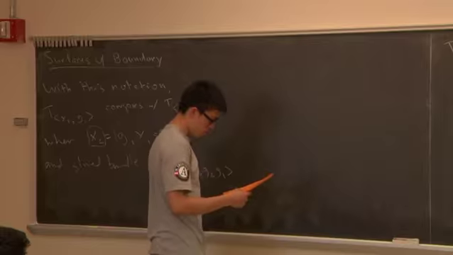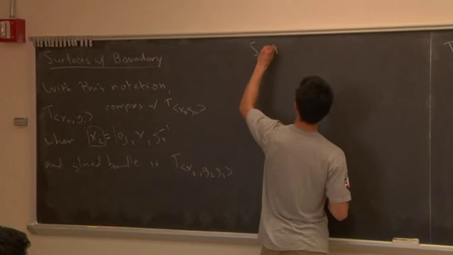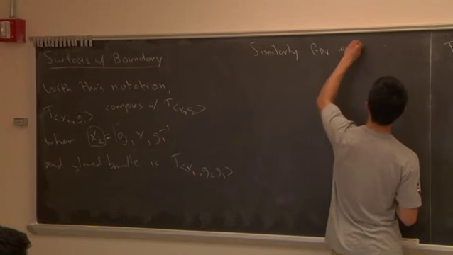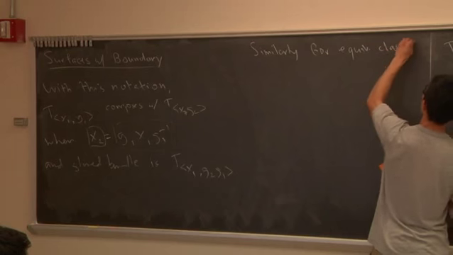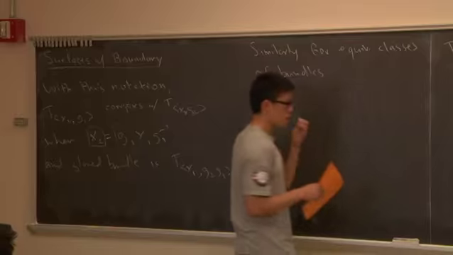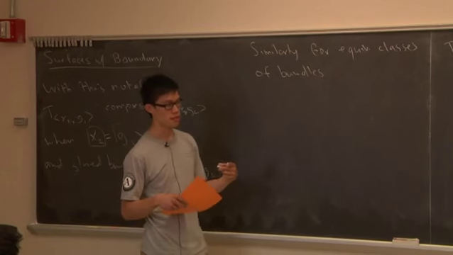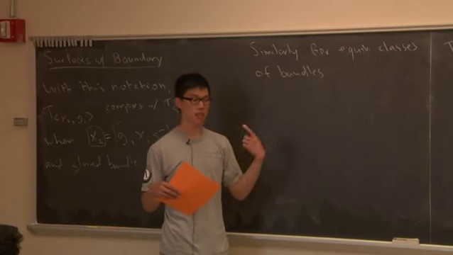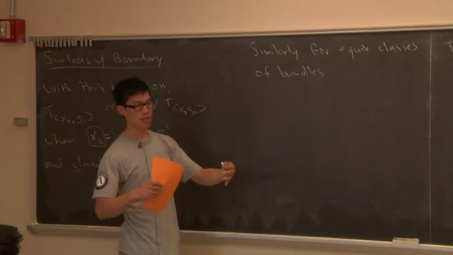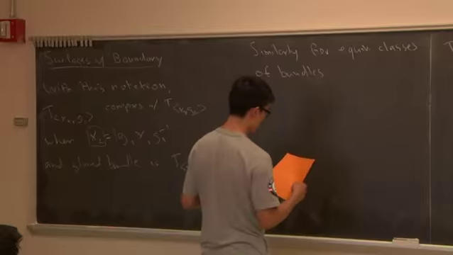And just to note, it says similarly for equivalence classes of bundles, right? Since there are no automorphisms of these things on the boundary, if I take an automorphism of something on some surface with boundary, the isomorphism class of the thing on the boundary doesn't change, so I can still glue. I don't get any funny stuff, right?